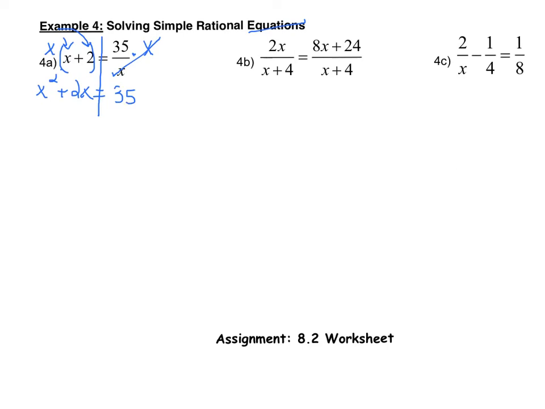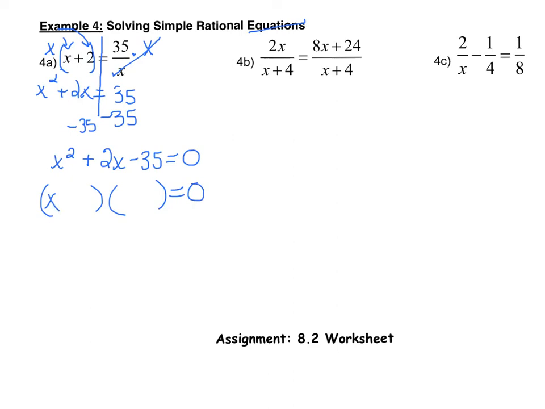Now we just need to keep going and solve it for x. I know that if I set this whole thing equal to 0, I'll be able to factor it. So I'm going to do just that. I'm going to subtract 35 from both sides so that I can factor x squared plus 2x minus 35 equals 0. So I know that x times x is x squared, and I need to find the factors of 35 that subtract to get 2.